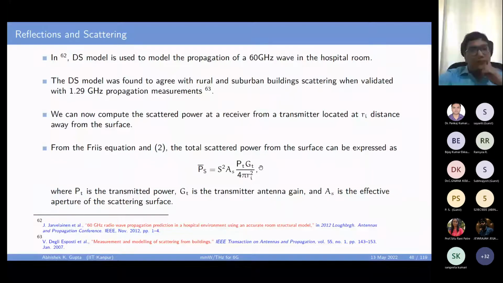You multiply this by the scattering aperture, the size of the scattering body, which is As. So As is the effective aperture of the scattering surface. Multiplying the power density by it gives the total incident power. Now you multiply by s square, the scattering coefficient, and you get the total scattered power Ps.